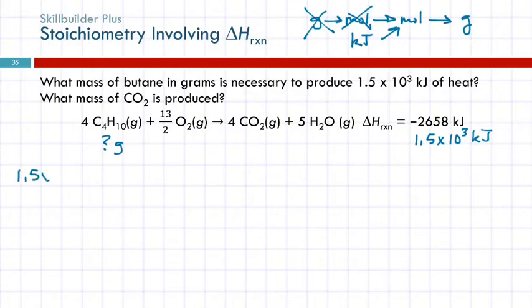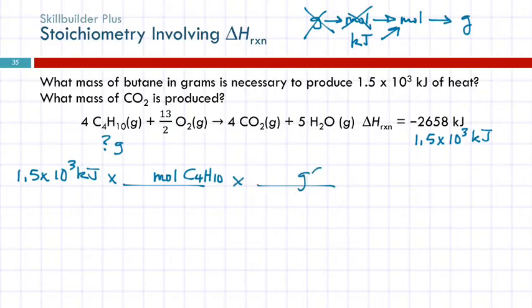Okay, so 1.5 times 10 to the third kilojoules. And I want to convert to moles of butane, because that's where the question is, C4H10, and then I want to get to grams of that. So I put my units in here so they cancel out. This term relates moles of butane, so it's 4 moles of butane, to the energy, which is negative 2658.